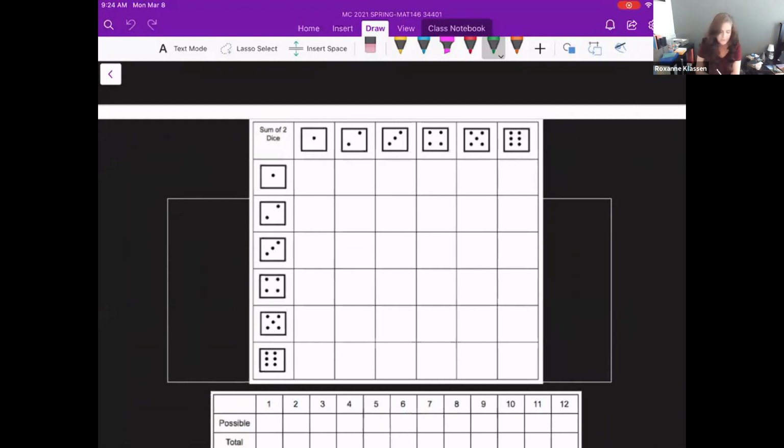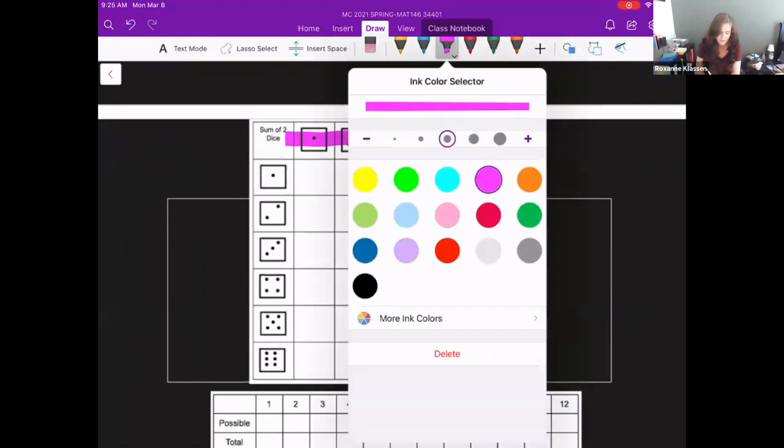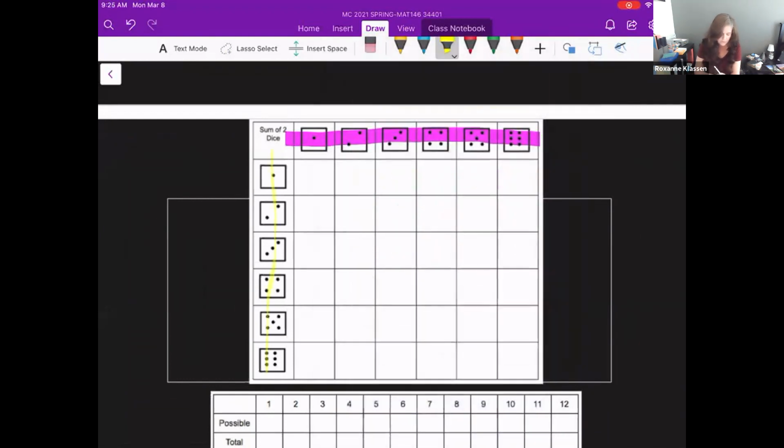Like on dice 1, if I call this dice 1, then my possibilities are 1, 2, 3, 4, 5, 6. And if I call this part dice 2, then my possibilities are still 1, 2, 3, 4, 5, 6. So this table shows me all the possible outcomes if I write the sums in here. Does that make sense to you?